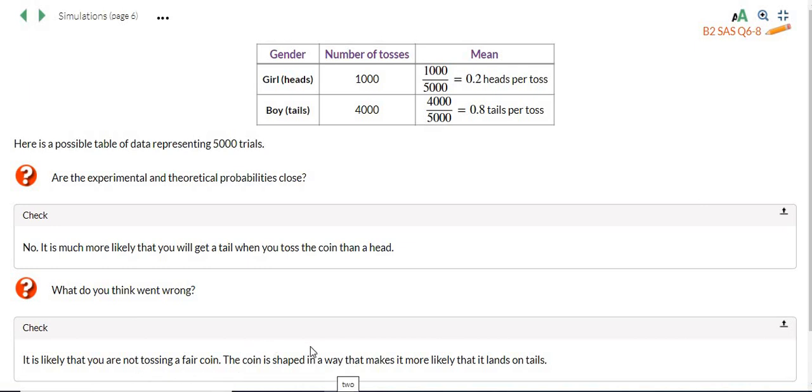Or one side is heavier. The head side is heavier, so it is going to be landing face down, making tails be visible. So the coin is not totally fair. So you can write one, human error in tossing, because you made some error possibly in tossing. And two, one side of the coin is heavier.